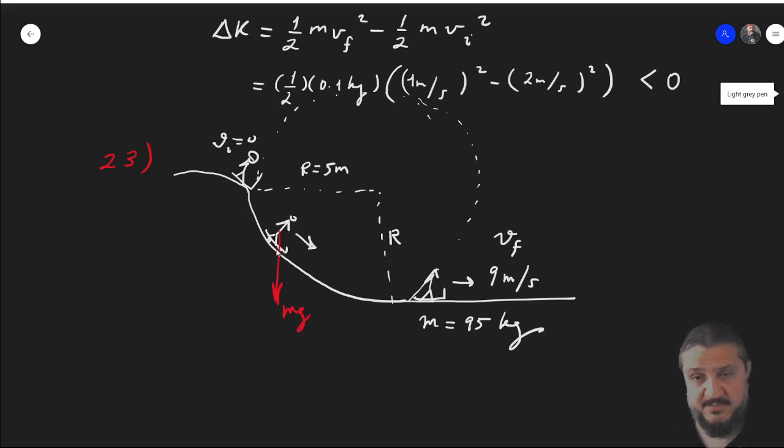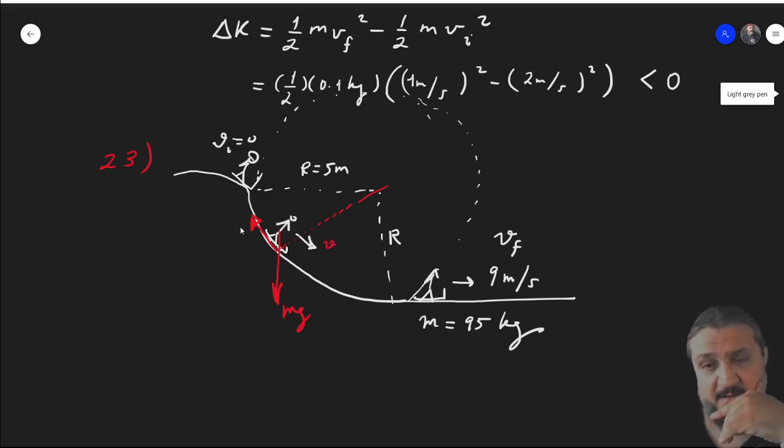Now, my drawing is really bad, but imagine a line that joins this mass to the center here. The friction will be perpendicular to that. So the friction changes direction with the velocity. Okay, by definition, a kinetic friction force is going to be always anti-parallel to the velocity vector. So you expect the friction to be here, little f.